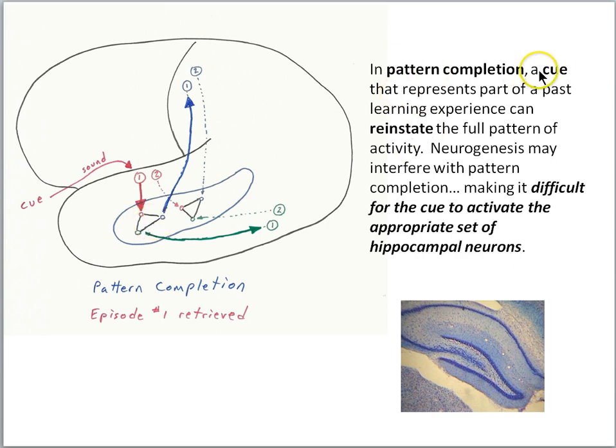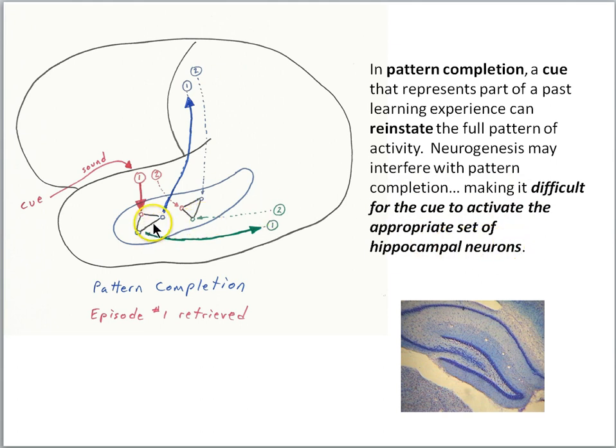So in pattern completion, a cue that represents part of a past learning experience can reinstate the full pattern of activity. Now, here's where neurogenesis comes into play. Neurogenesis may interfere with pattern completion, making it difficult for the cue to activate the appropriate set of hippocampal neurons.